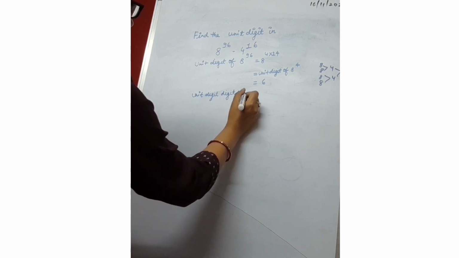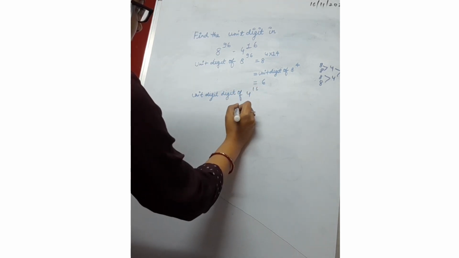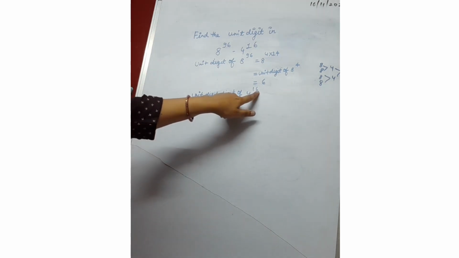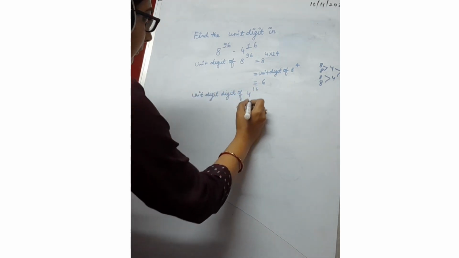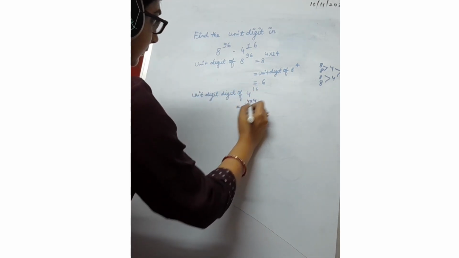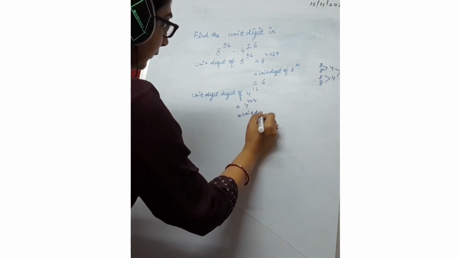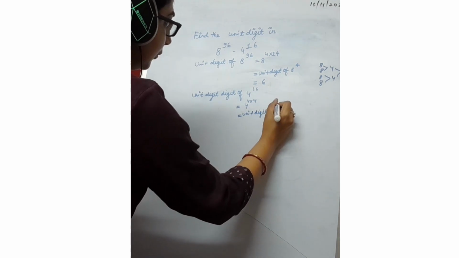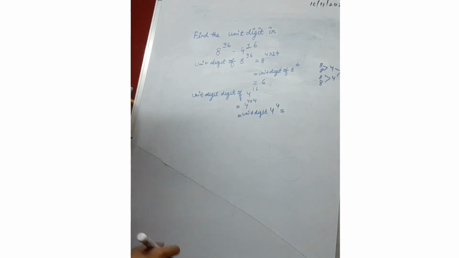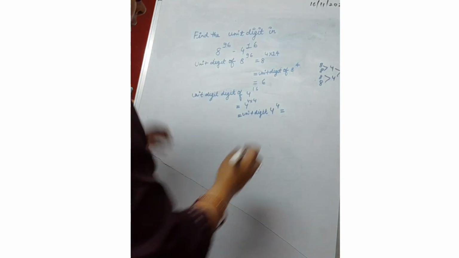Unit digit of 4 to the power 16. Here 16 is completely divisible by 4. So the unit digit of 4 to the power 16 is the same as the unit digit of 4 to the power 4, which is 6.